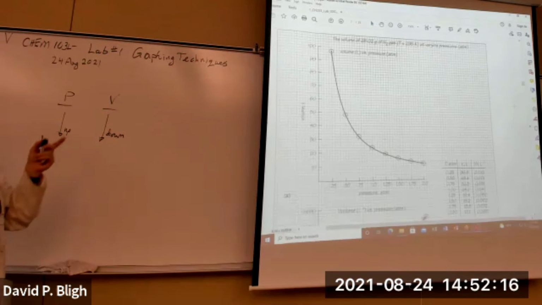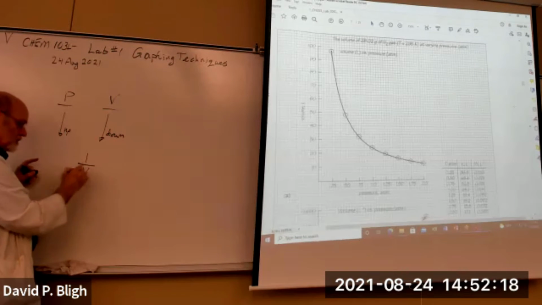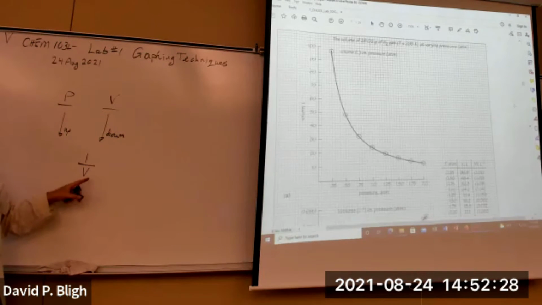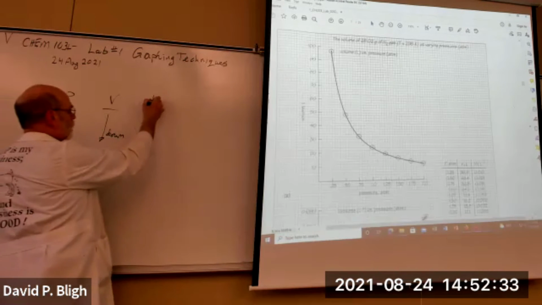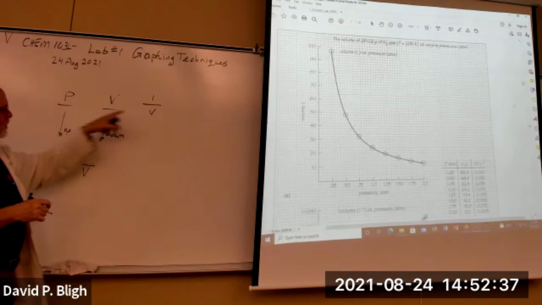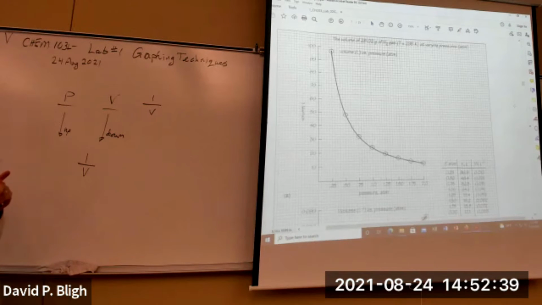Why? Because 1 over V, if the denominator gets smaller, the inverse gets bigger. The denominator gets small, divided into 1, makes it bigger and bigger. So we take 1 over V and we plot 1 over V against pressure.